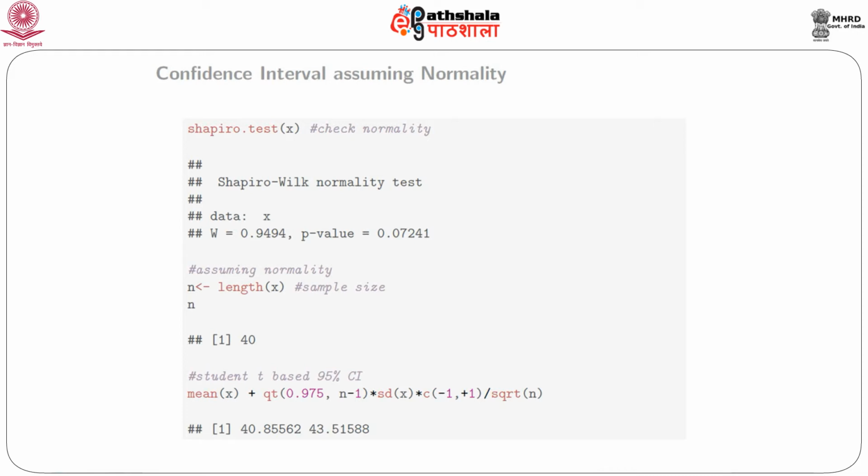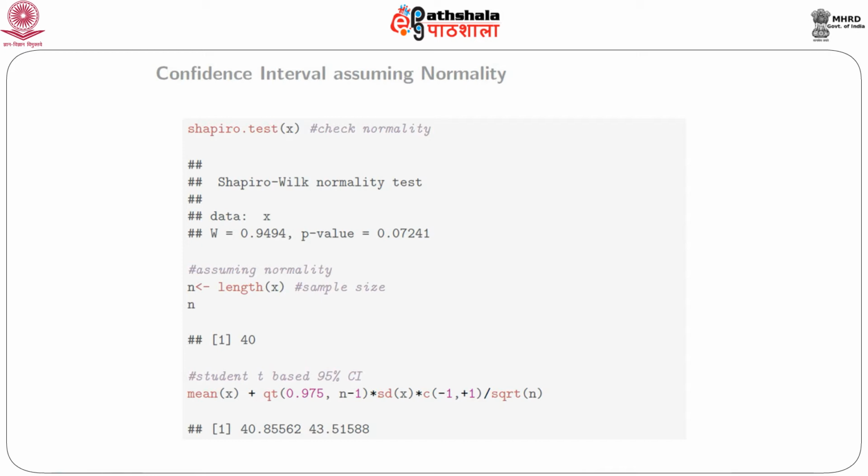Now, if we assume normality, then what is the confidence interval? So, we define n as length of x. So, mean of x plus qt(0.975, n minus 1) into sd(x). So, that is the factor, and we multiply it by plus 1 and minus 1. So, it is mean of x minus qt(0.975, n minus 1) times sd(x), and mean of x plus qt(0.975, n minus 1) times sd(x), divided by square root of n.